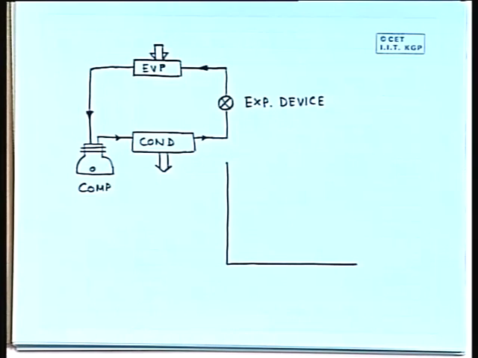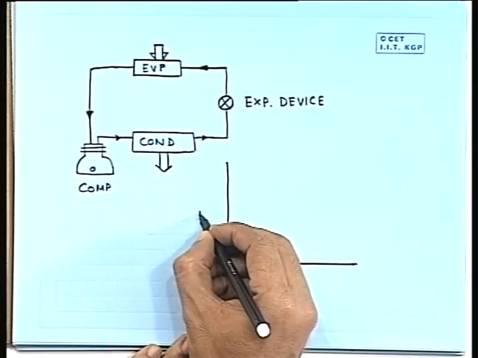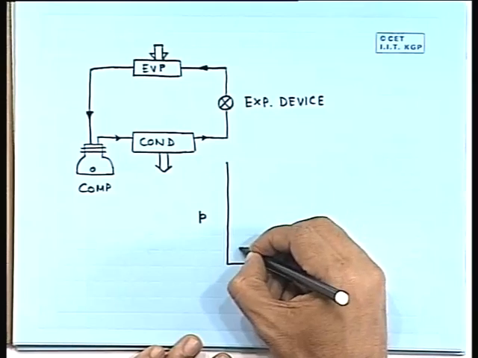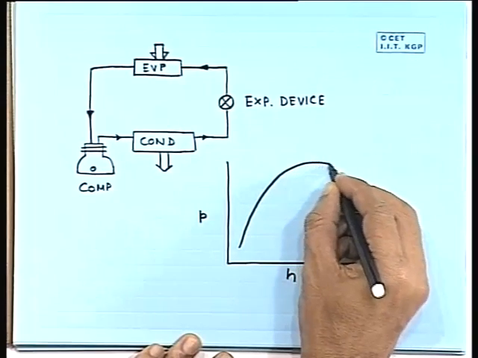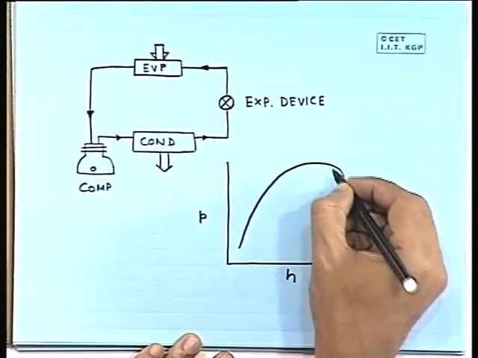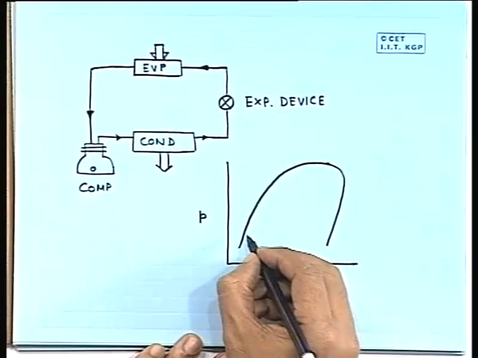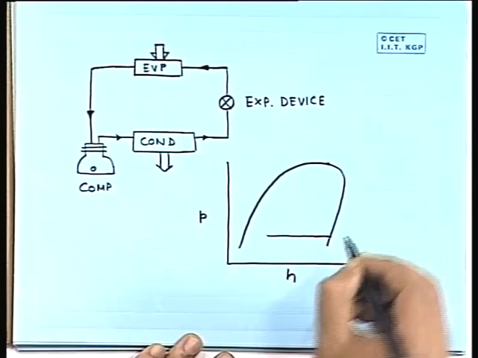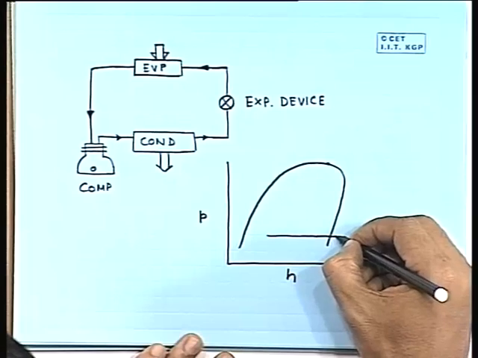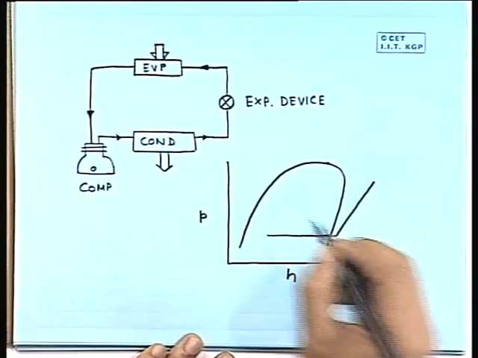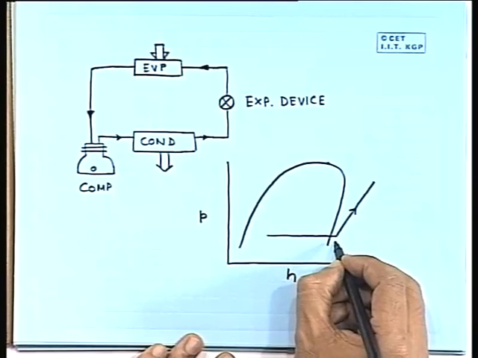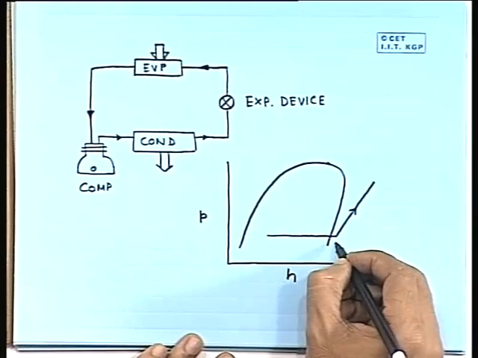So, this side is your pressure and this side is your enthalpy. This is the two phase dome in the pH plane, and somewhere you have the critical point. We started with the expansion process, sorry, the compression process.